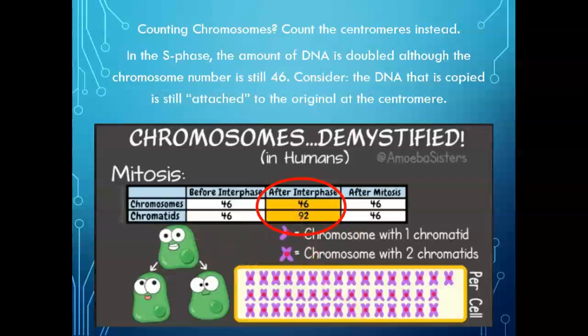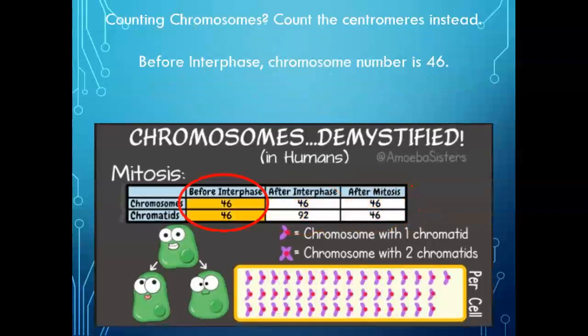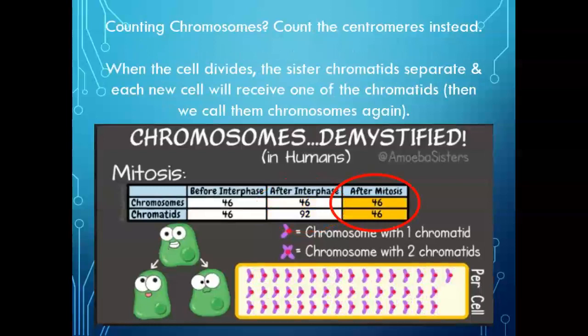Because when those split, after mitosis, you want each new cell to have 46 chromatids, which we're going to then call chromosomes again. So if you looked at these two and compared them side by side, this is before and this is after. You want them to look the same.